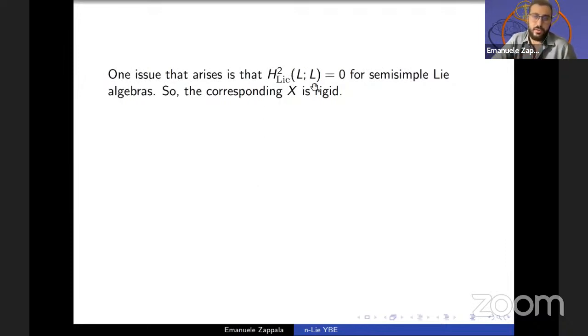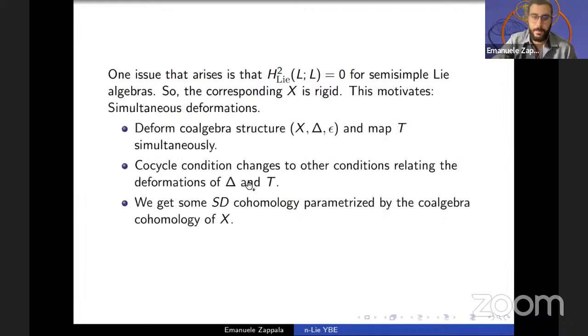It also gives you some bad news, because semi-simple Lie algebras have trivial cohomology. This is not true, for instance, for nilpotent and solvable ones. They have plenty of cohomology classes that are non-trivial, but an important class of Lie algebras, the semi-simple one, will have trivial cohomology, and therefore the self-distributive cohomology will be trivial as well.